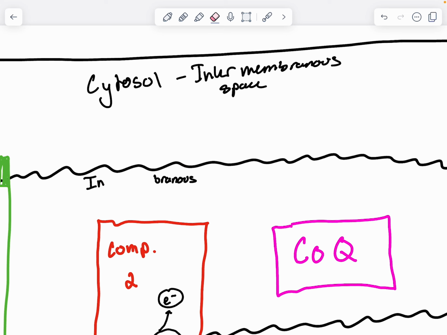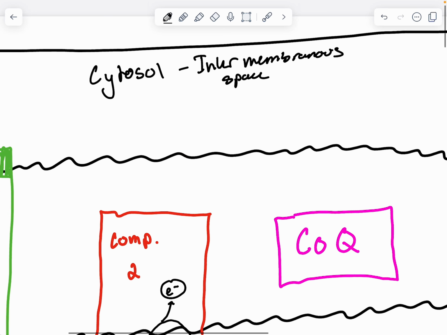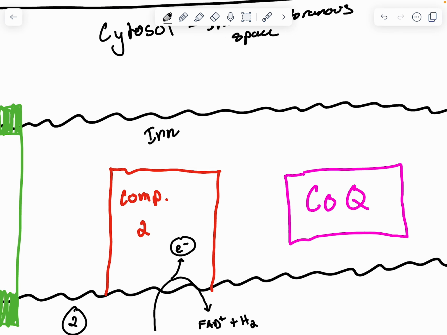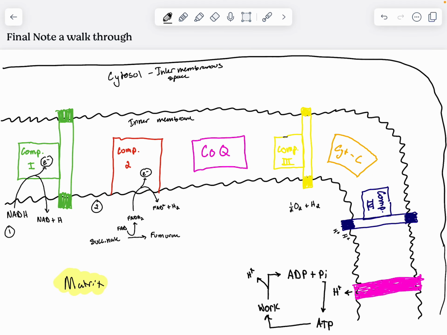Remember in this space, I made a little error, a little oopsie right here. All of these complexes, CoQ, cytochrome c, complex 4, are embedded within the inner membrane of the mitochondria. On the inner surface of the inner membrane, we have the matrix down here, where a lot of these reactions are occurring.